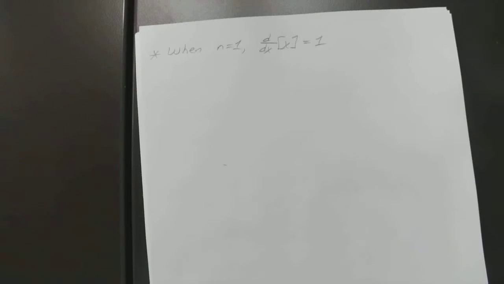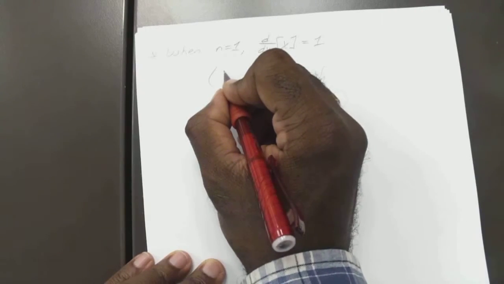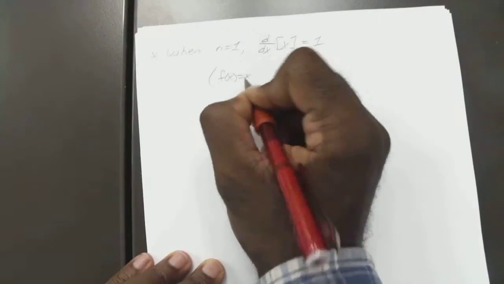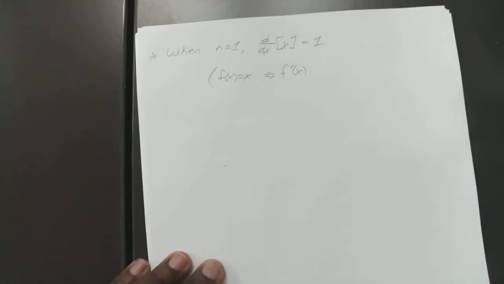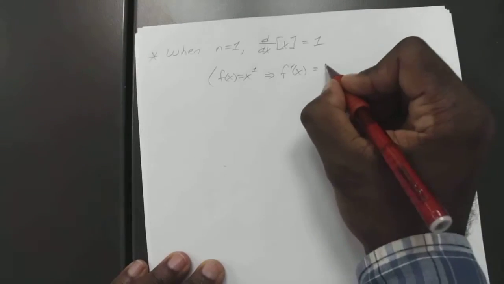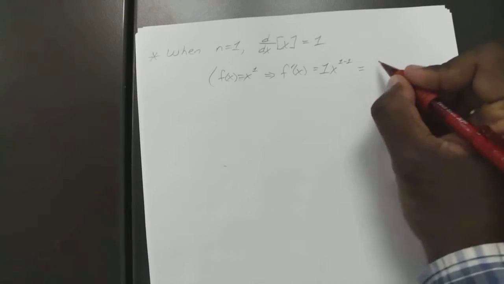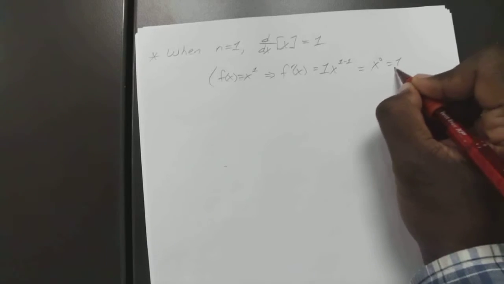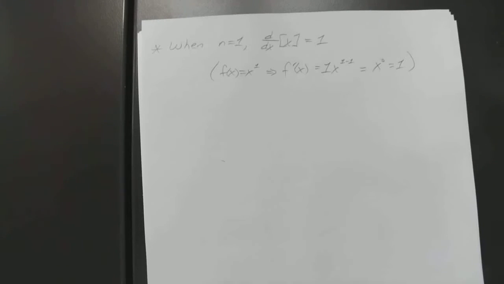Because if you think about it, if you have f of x equals x, then f prime of x using the power rule, with x to the first power, you'd bring down that 1, x to the 1 minus 1, which is just x to the power of 0, which is 1. So the derivative of any single variable is always going to be 1.